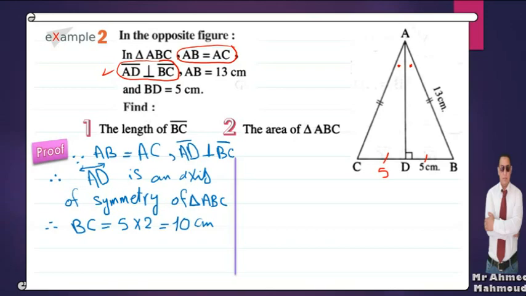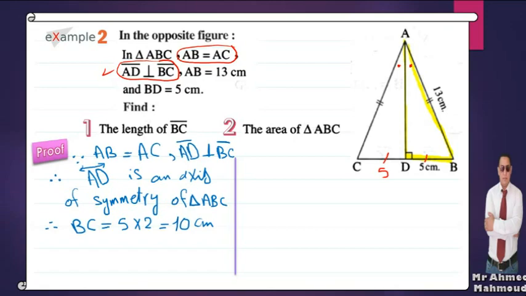Here we have triangle ADB, a right angled triangle. In this right angle triangle, we can find AD by using the Pythagorean theorem, as follows.